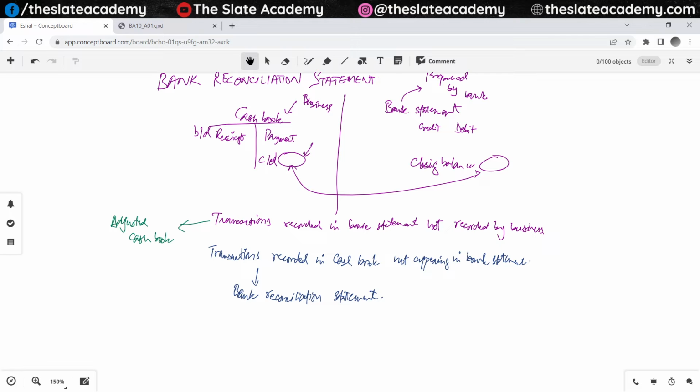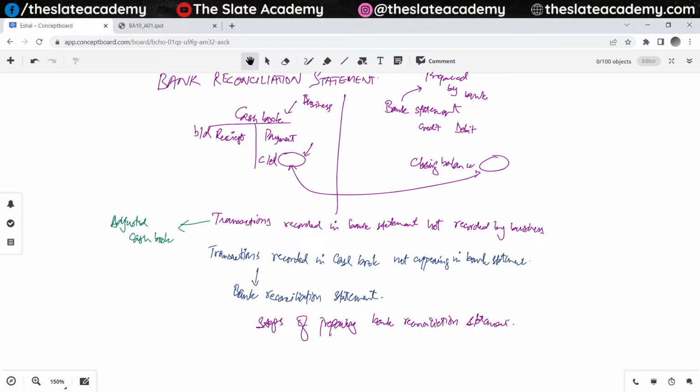Instead, let's write steps to prepare bank reconciliation statement. Steps of preparing bank reconciliation statement.